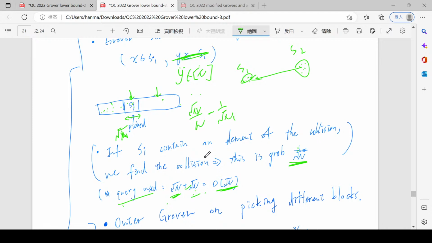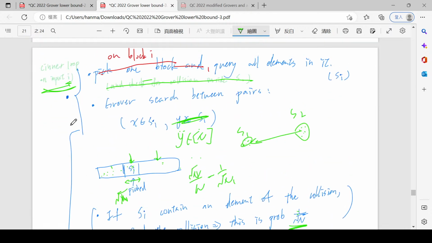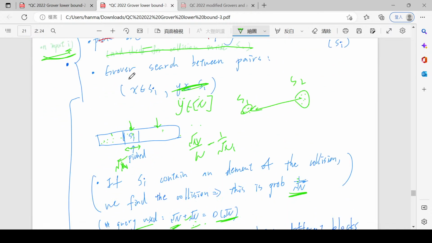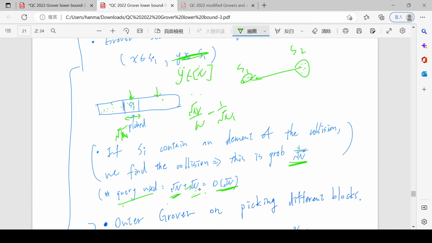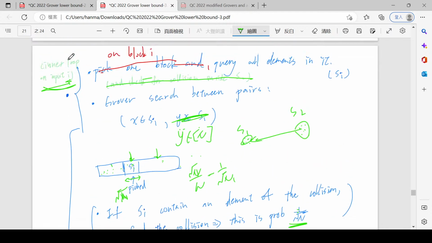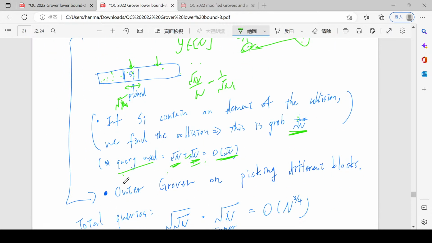Anyway, the total number of queries to run this inner query on some input I is square root n plus square root n. And so it's order square root n. And now we think this inner loop is some quantum algorithm, so we can feed it to another Grover algorithm. Okay.